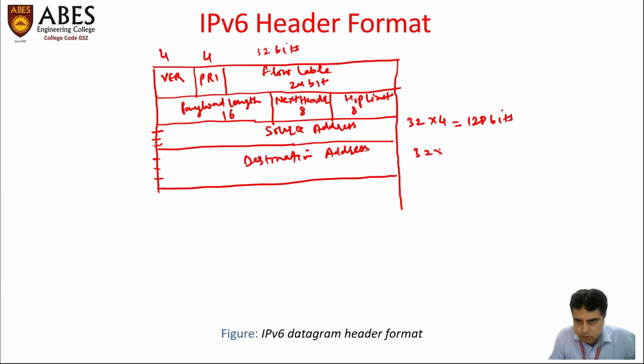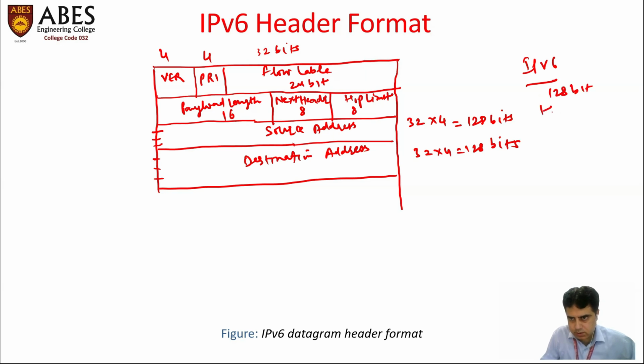This is 32 into 4, 128 bits. As we know, IPv6 is of 128 bits and it uses hexadecimal notation, hexadecimal representation of 128 bits.